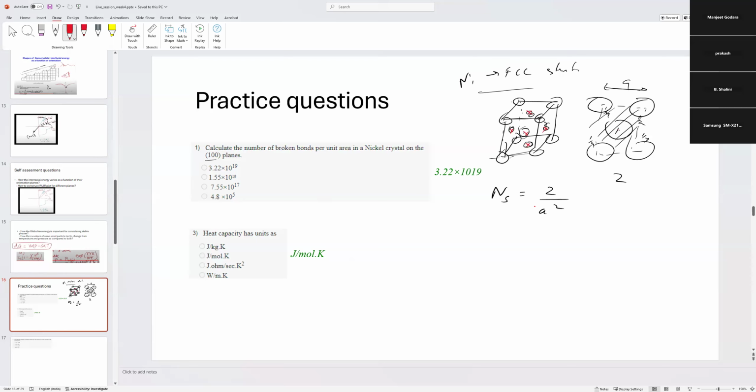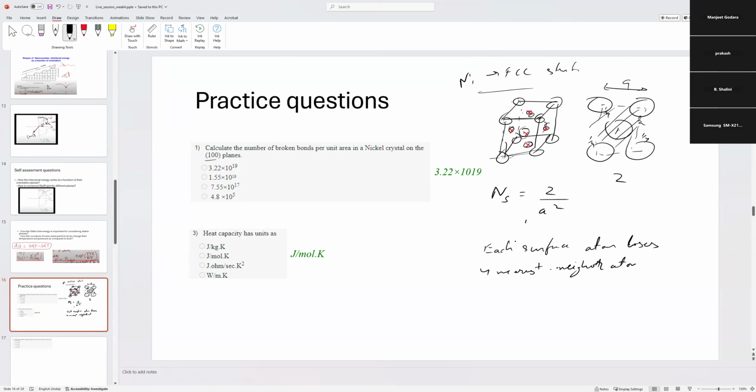So each surface atom loses four nearest neighbor atoms.